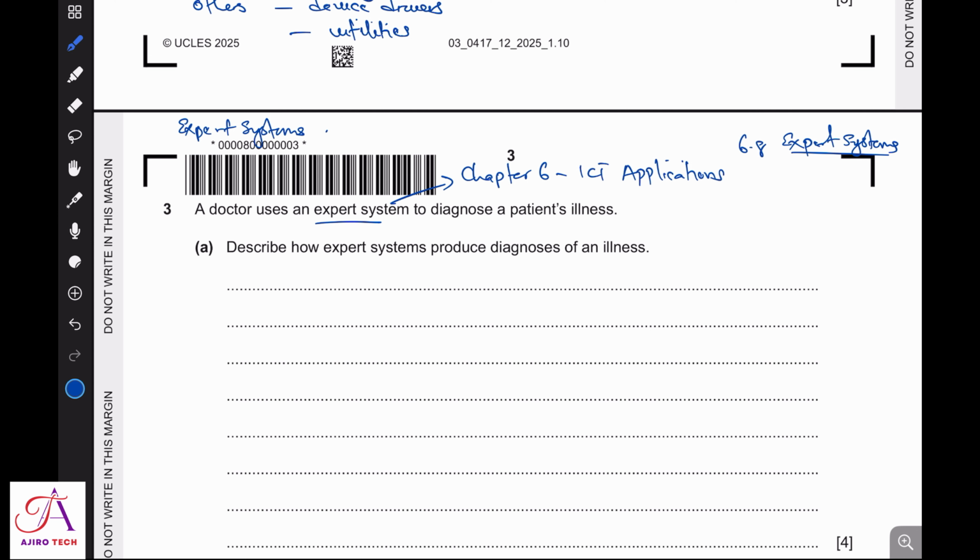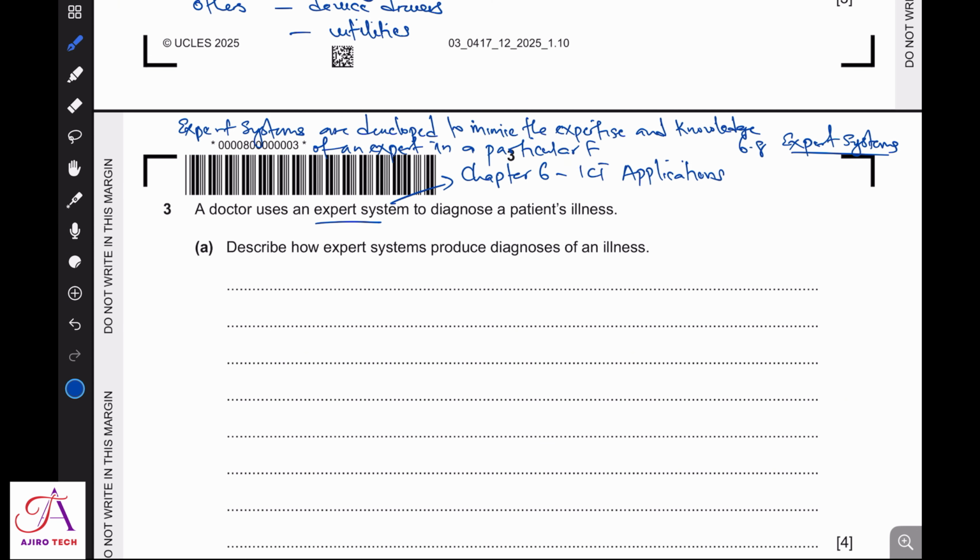Expert systems are developed to mimic the expertise and knowledge of an expert in a particular field.